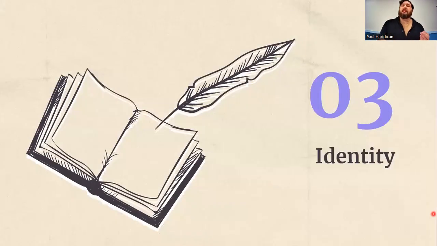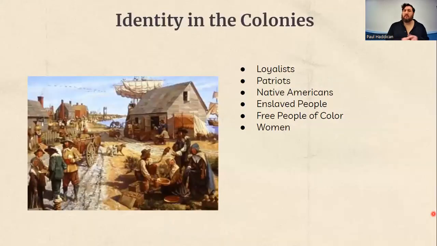When we think about colonial perspective, we want to think about identity. What's going on with the people who are fighting this war, who are living through this war? Well, there are 6 identities that we can talk about today: the Loyalists, the Patriots, the Native Americans, the enslaved people, the free people of color, and women.